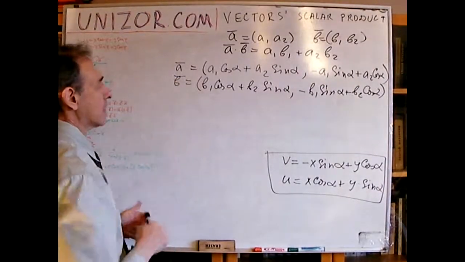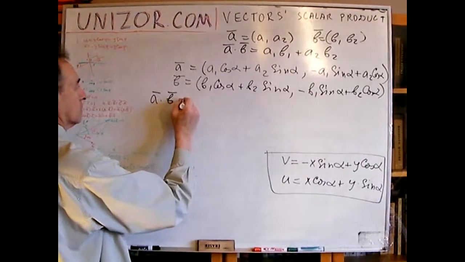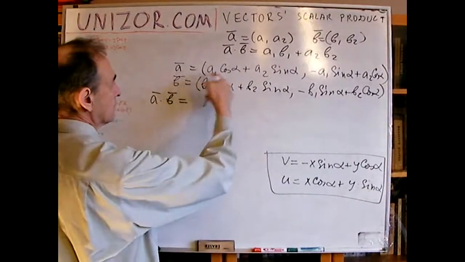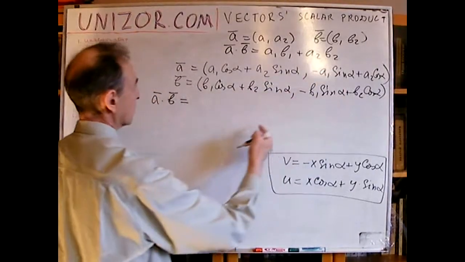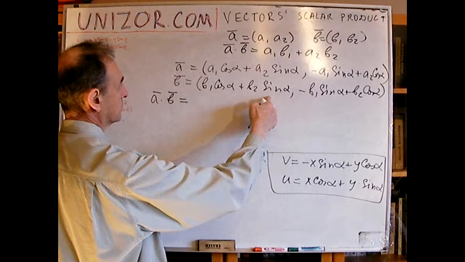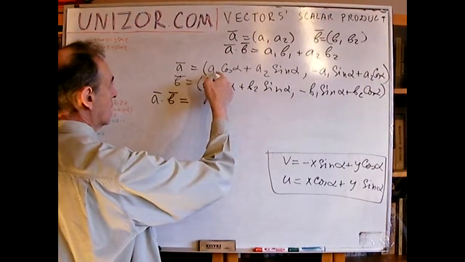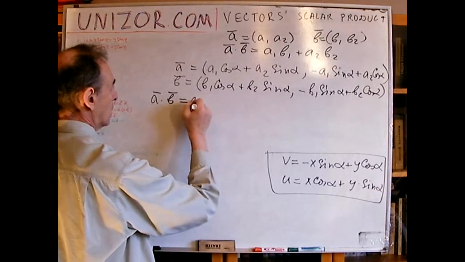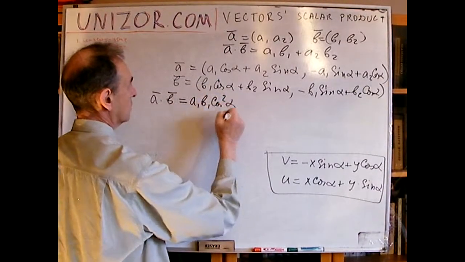Now, my A times B scalar product would then be equal to, the first coordinate times the first coordinate plus second times second. Okay, so we have four different terms, because this is the sum of two, this is the sum of two. So it's A1 B1 cosine square alpha.